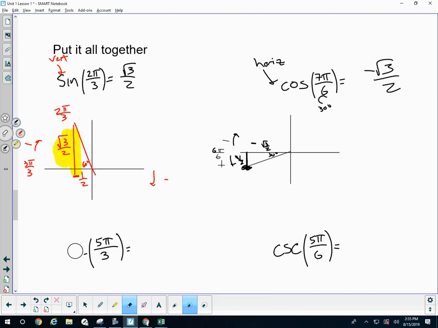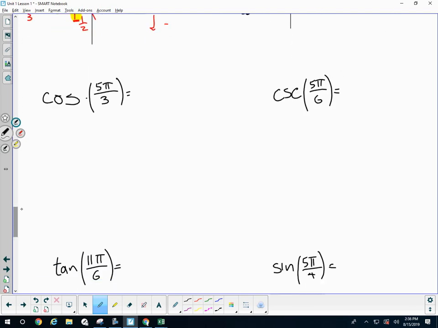Tell me first, what is the cosine of 5 pi over 3? Ready, set, go. Figure it out. I changed it from secant to cosine, and then we'll change it back to secant.